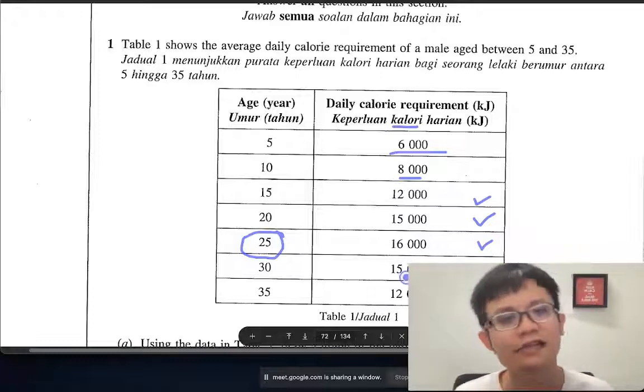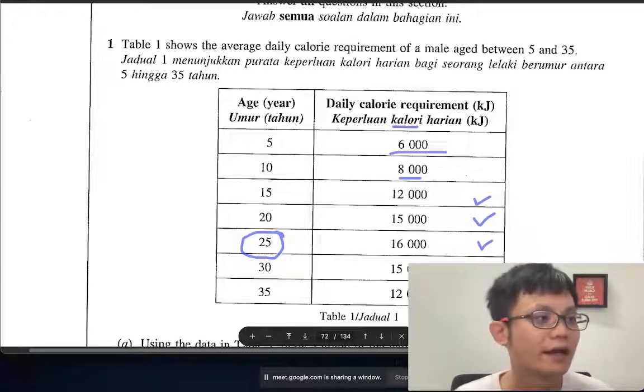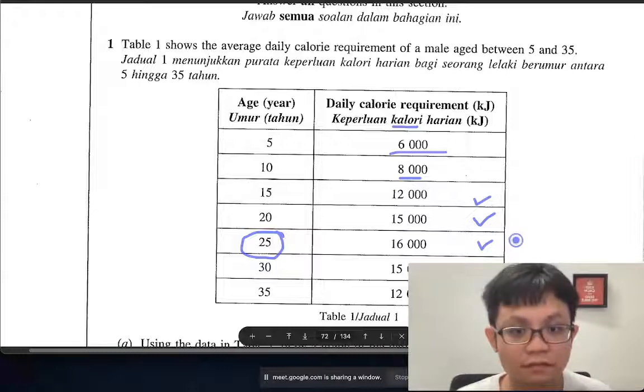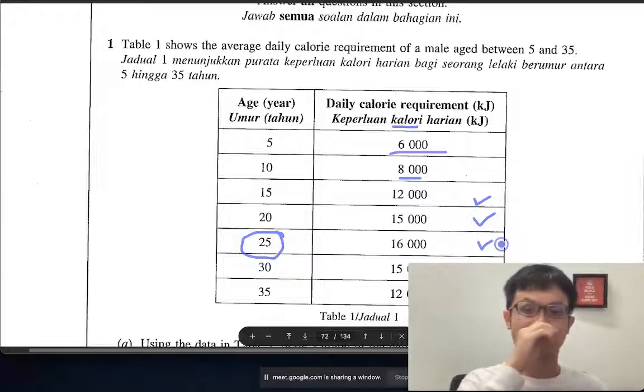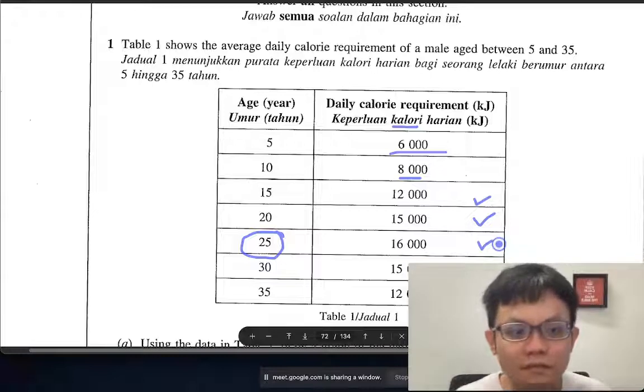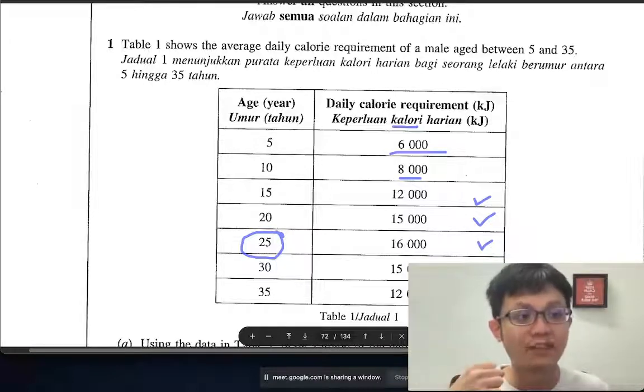Let's say the question asks you to justify why the metabolism rate decreases. Age is older, which correlates with the metabolism rate.